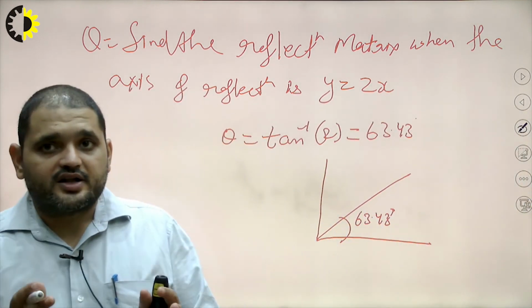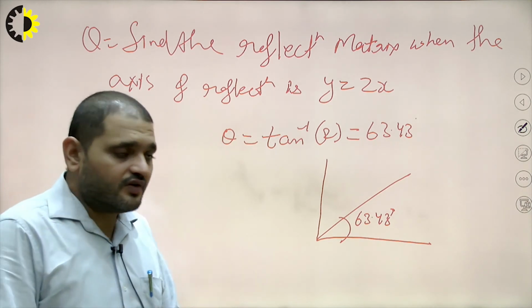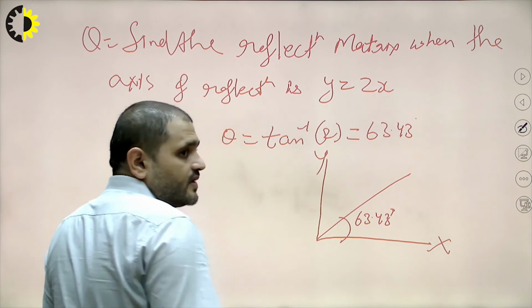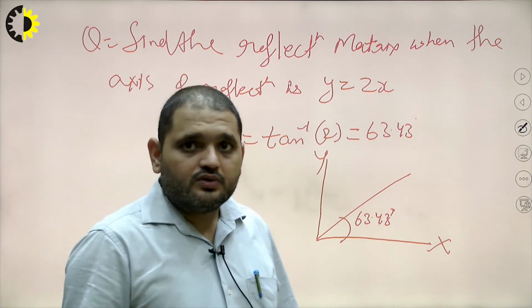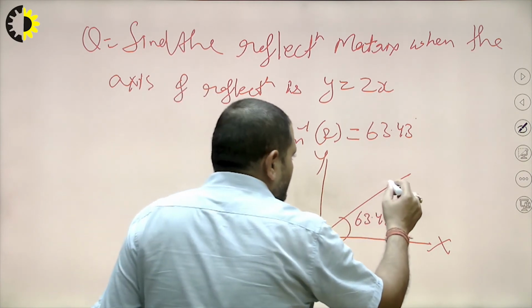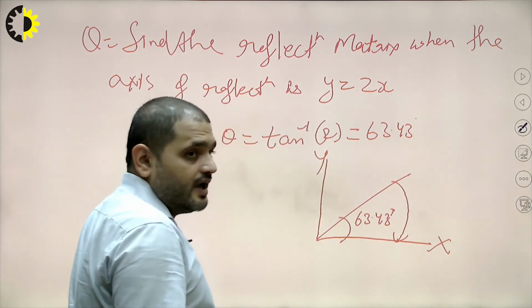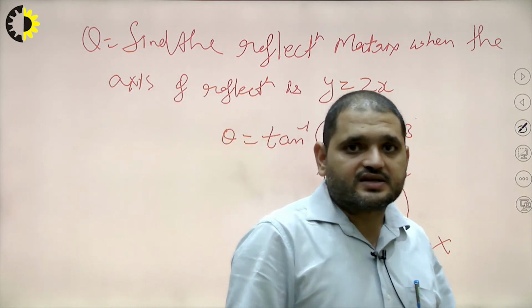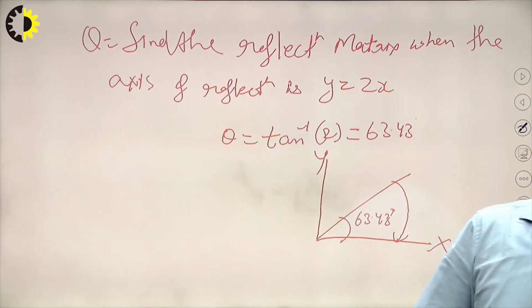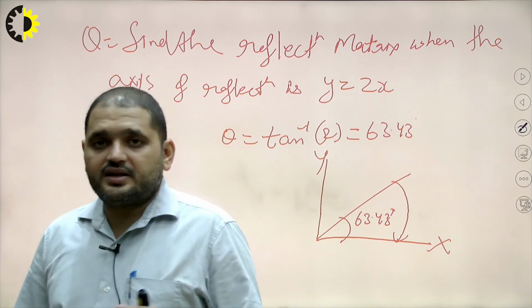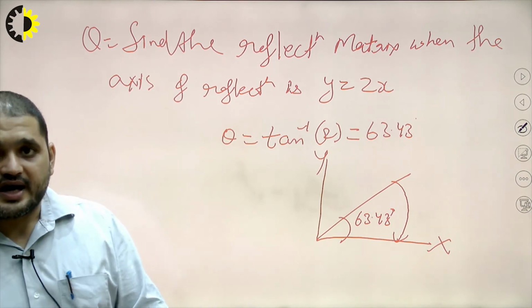If I know the matrix for reflecting about the x-axis or y-axis, then what we will do is first rotate this line in the clockwise direction and align it along the x-axis.